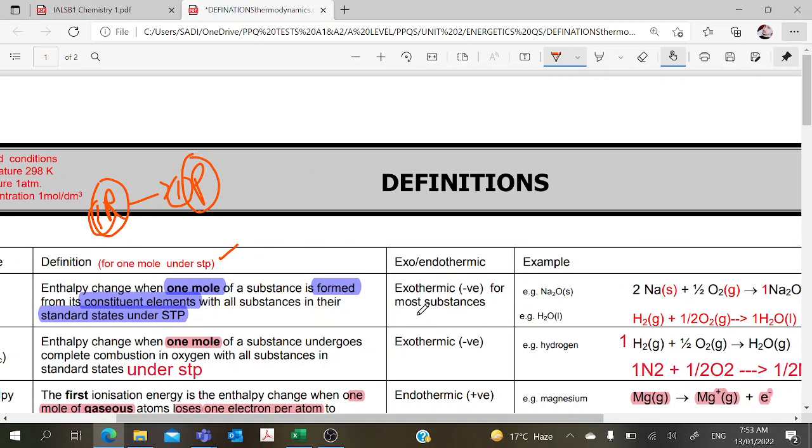This process is exothermic for most of the substances. You getting my point? The highlighted areas are required by the examiner actually.